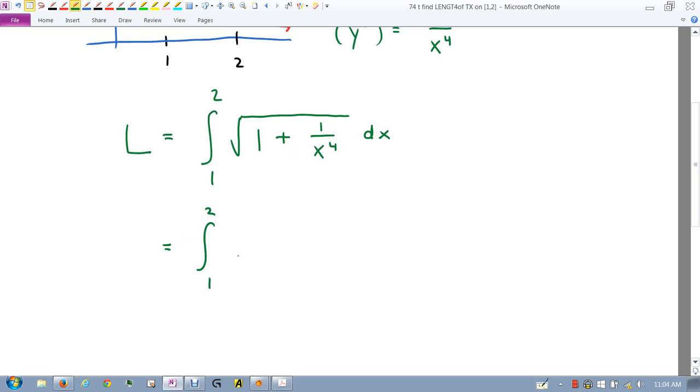Why don't we find a common denominator between those? What would happen if we got a common denominator? You get that? Yes?